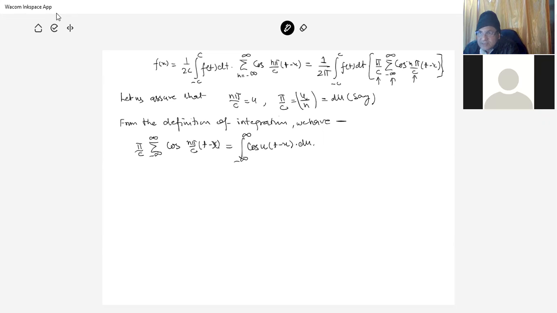From the definition, this is a summation of very small parts.